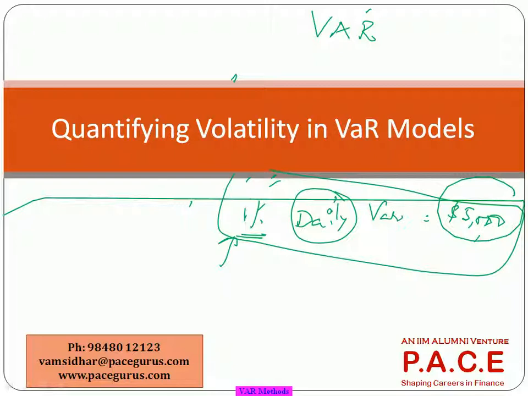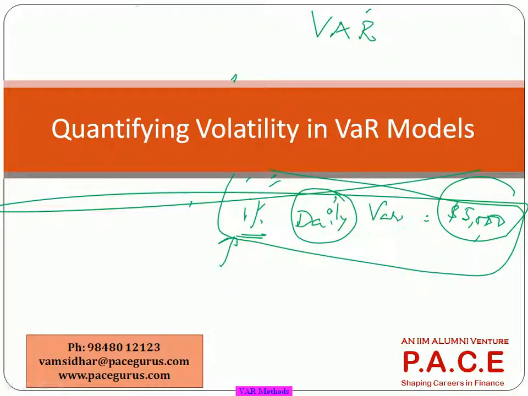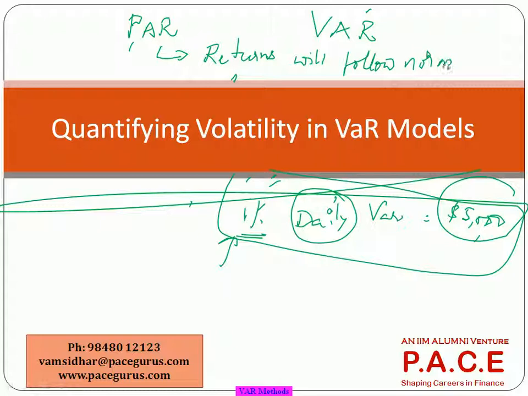So when I am looking at a parametric kind of an approach, it makes an assumption that your returns will follow a normal distribution, or some distribution for that matter. But in general, we see that the returns are following a normal kind of a distribution.